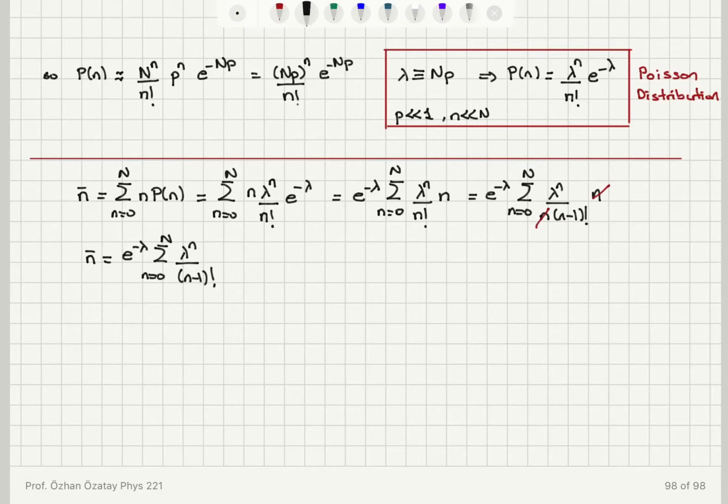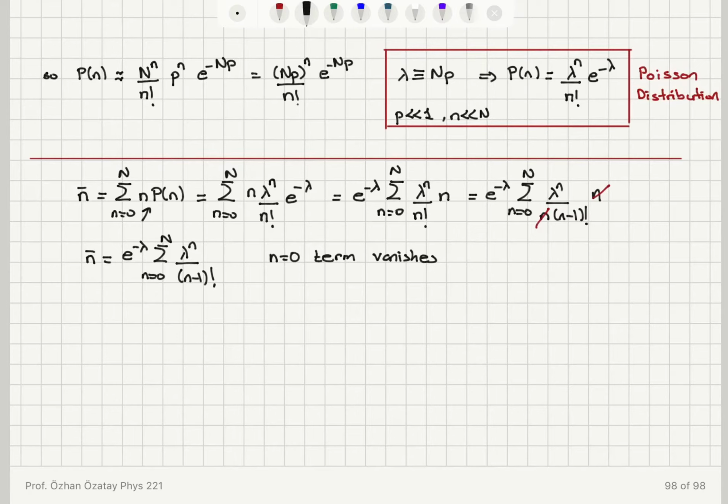Now the n equals 0 term basically vanishes here. If you look at the original summation, if you put n equals 0 here, you will get a 0. And so I don't have to start counting from n equals 0.